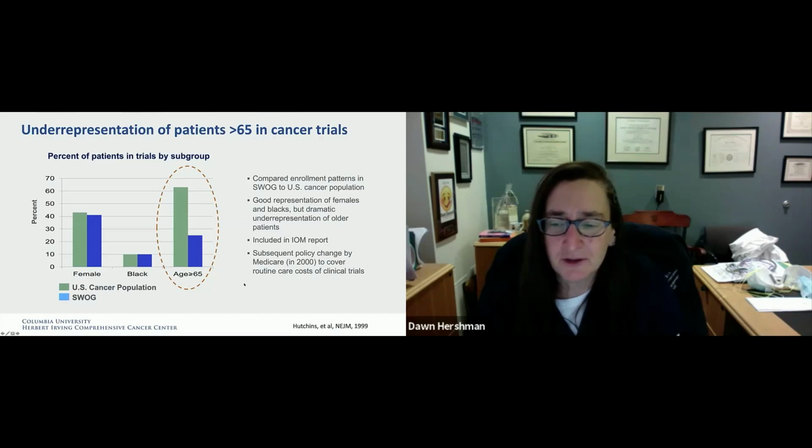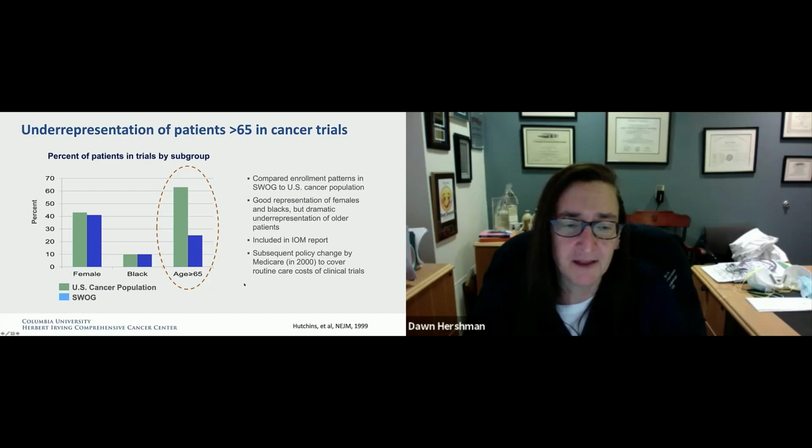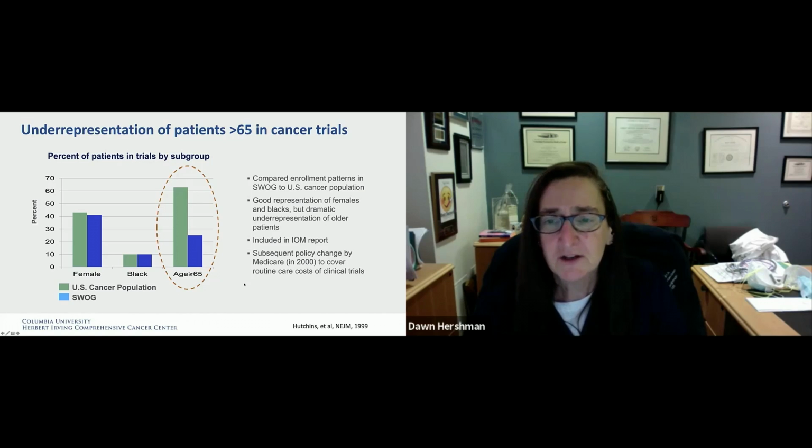And data from SWOG, in this trial looking at comparison of the U.S. patient population versus SWOG clinical trial enrollment, showed substantial under enrollment of patients over the age of 65 compared to incidence. This is a landmark paper that was published in 1999 and really led to increased understanding of enrollment to clinical trials and resulted in policy changes to Medicare reimbursement of clinical trials.